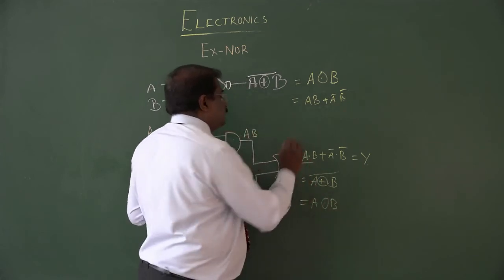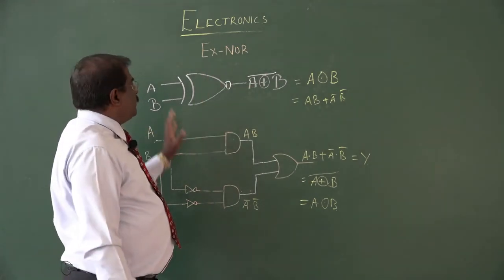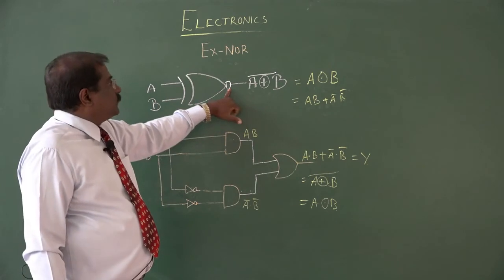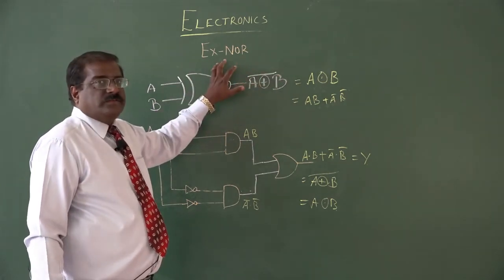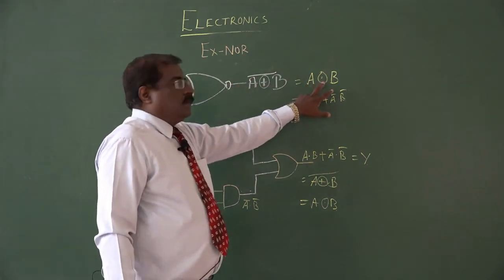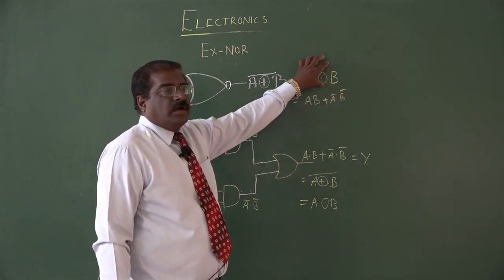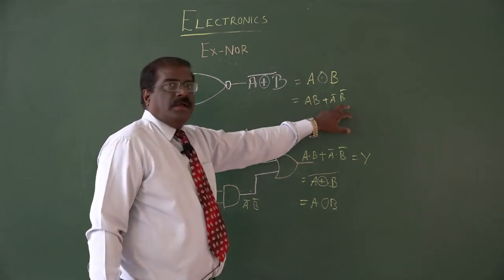All the 3 equations are for the XNOR function. Once more I will tell you, without this bubble it is an XOR function. So A XOR B to the whole bar fetches you XNOR, that can be written as A dot in a circle B, this represents XNOR, A XNOR B, that is AB plus A bar B bar.